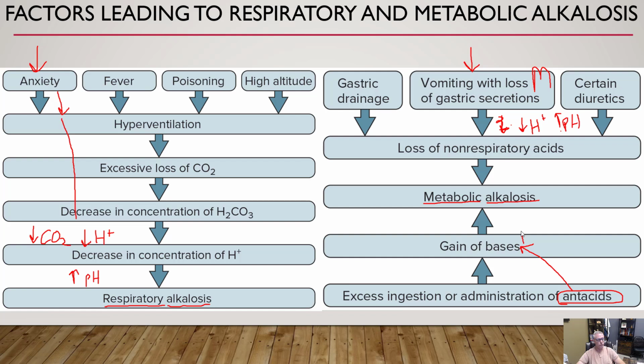So if we increase our base, we are increasing our alkalosis state, and it's a metabolic condition. And when we treat a metabolic condition, we're going to compensate on the respiratory side. When we have a respiratory condition, we're going to compensate on the metabolic side.